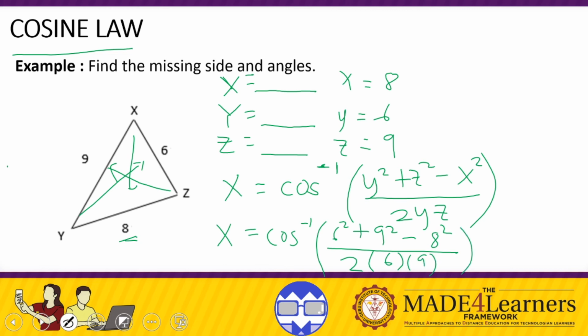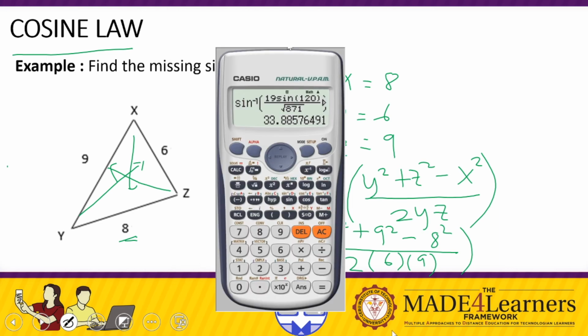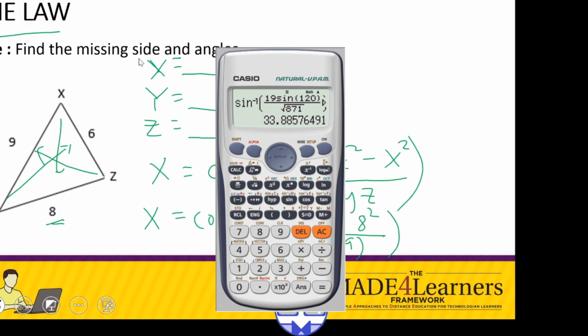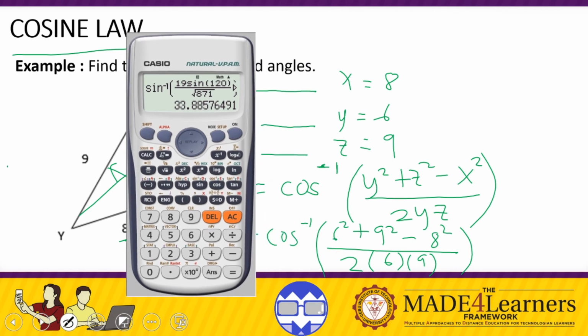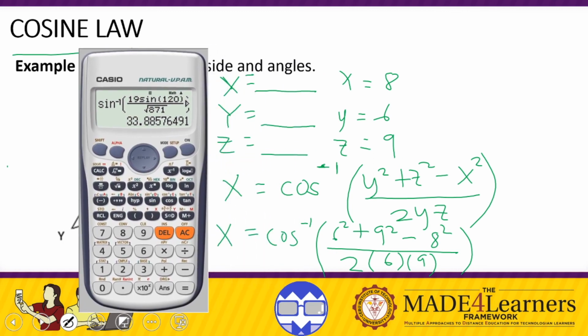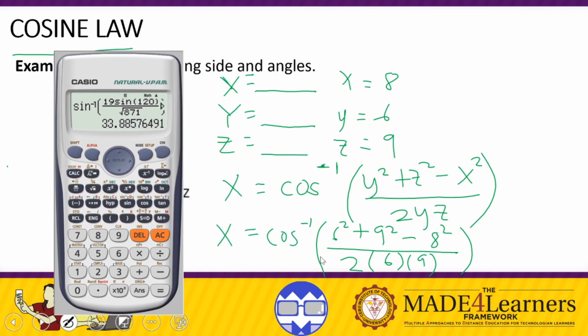Okay, so let's try to use our calculator here. Okay, so we will input our arc cos. So again, check if it's in degree form. So it should be D here.